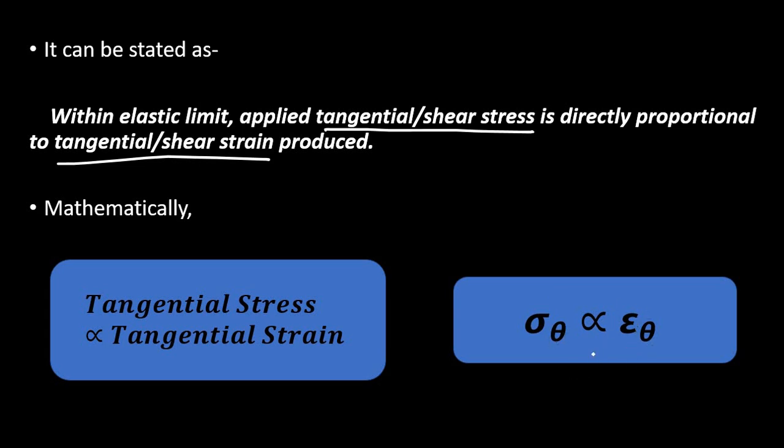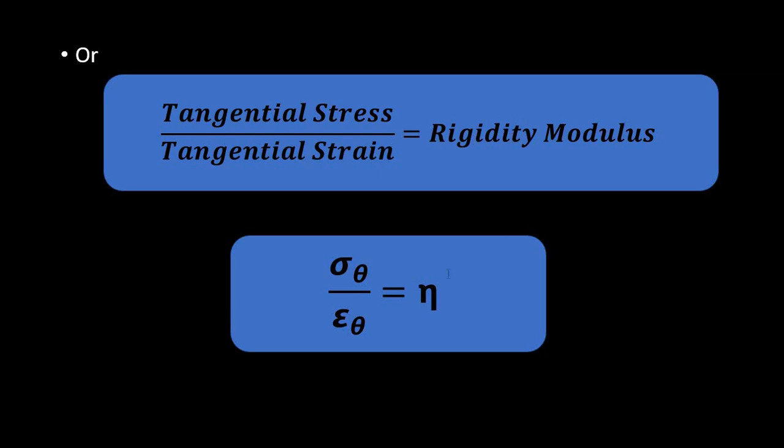This is the shearing stress or tangential stress, and this is shear strain. The ratio of tangential stress to tangential strain is the rigidity modulus: sigma theta by epsilon theta gives us the rigidity modulus.